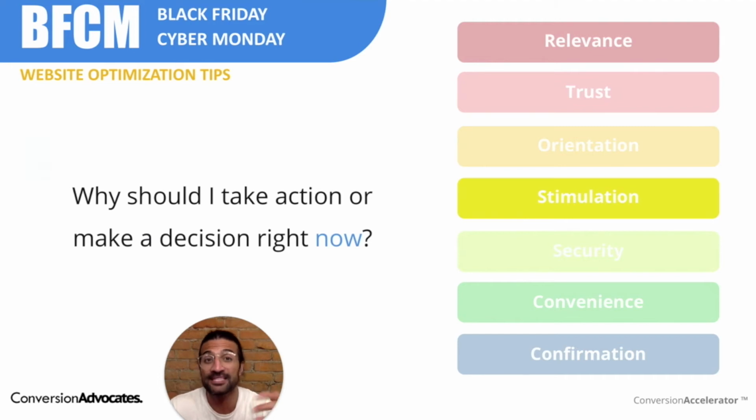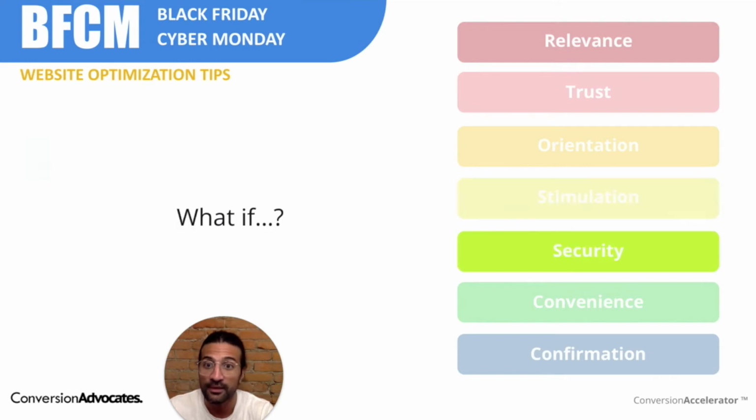People need to be stimulated and they need to want to take action on this offer. So how do you make it exclusive? How do you make it limited time? How do you make it super attractive so that people want to make that decision today, right now, when they come on your website, and move forward?